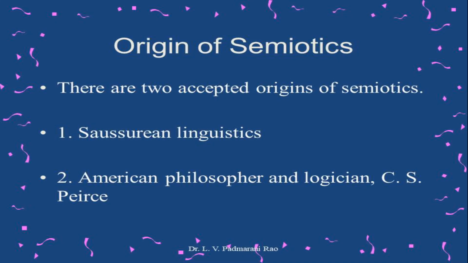Peirce preferred the term semiotics, and today this term is more commonly used. Semiotics is popular among students of media studies, film studies, cultural studies, in addition to those of literary criticism.